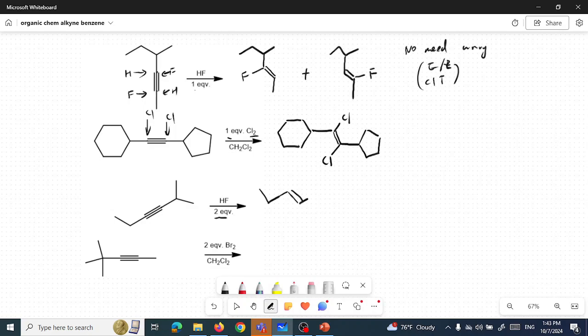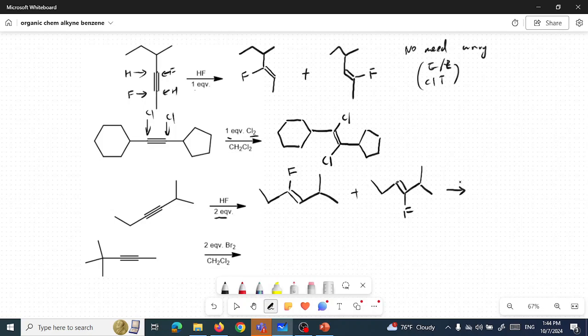And then this continues to the next carbon, which has a branched structure on it. You're going to have two products. With these two products, one of them is going to attach the F to one carbon, and the other product has the F attached to the other carbon. Usually you don't have to show the hydrogen.